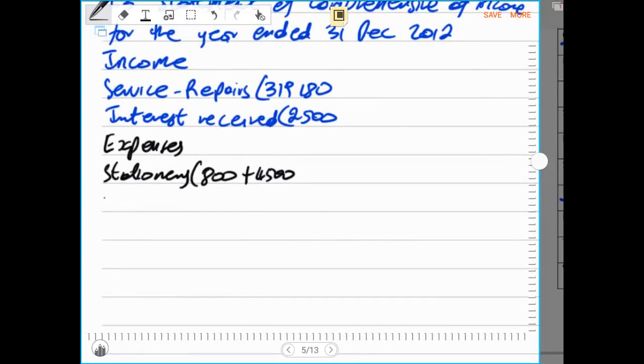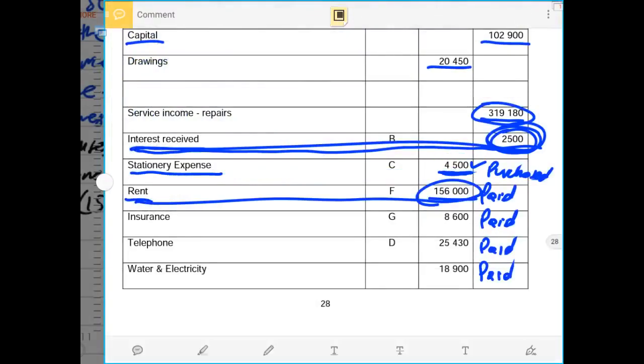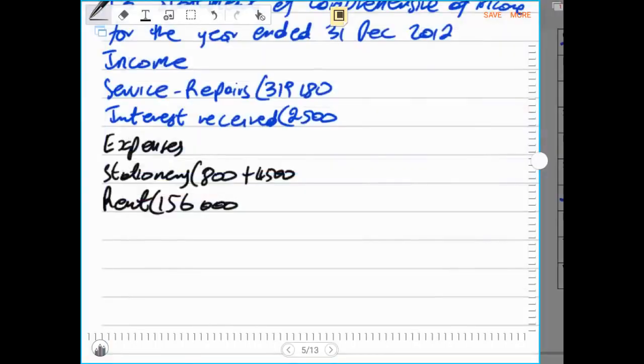Then we also had another expense that is called rent. Rent expense was 156,000 rands, and there is our rent appearing as 156,000 rands in our trial balance. We take that as it is and record it in our income statement.